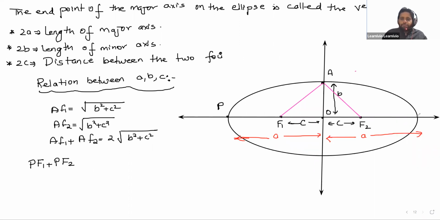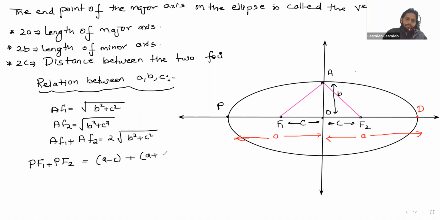Let this point be D. Now, we need to find PF1 plus PF2. How can we find PF1 in terms of A and C? A minus C. Very good. From this complete A, we subtract C, so we get A minus C. Now we need PF2. This is A plus C. Very good.